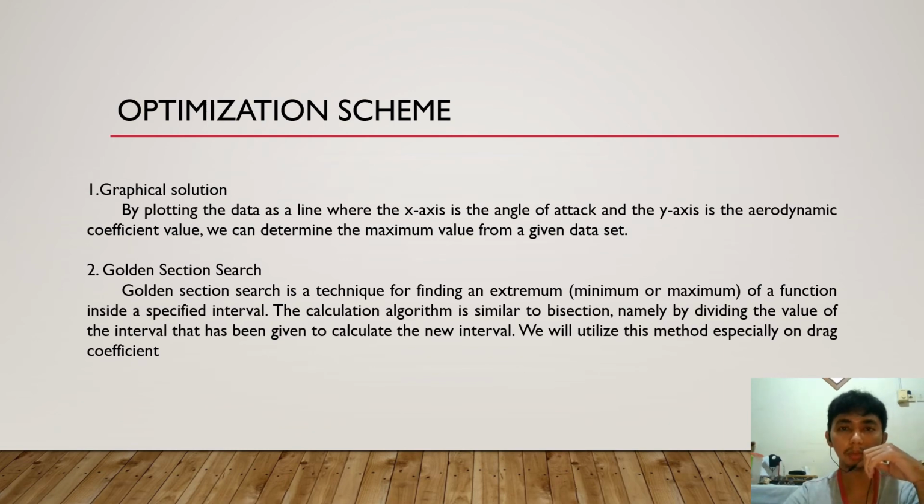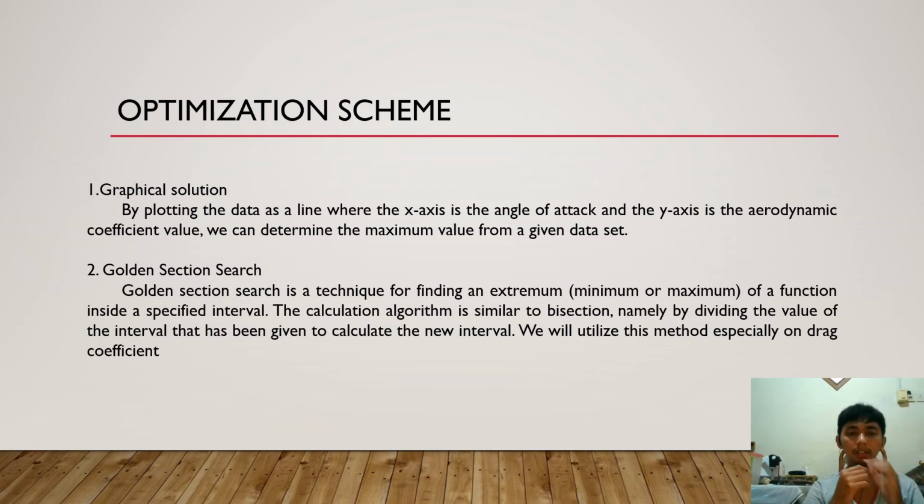So we will use two types of optimization scheme. The first one is the easy one, graphical solution, by plotting the data and approximating the behavior of the data with some function, and then we can evaluate where the maximum or minimum of a given dataset is.